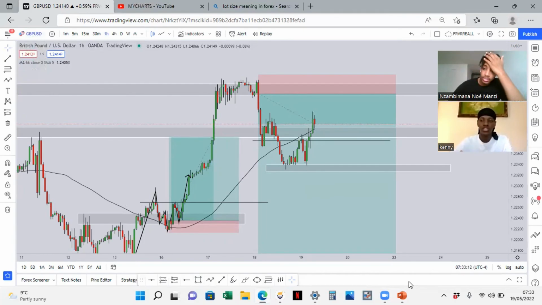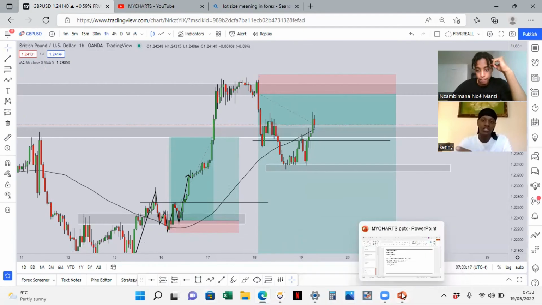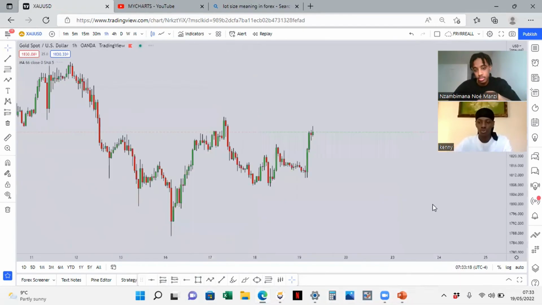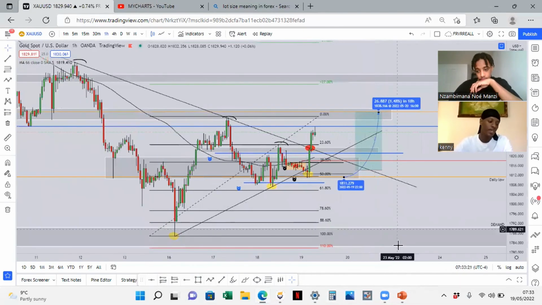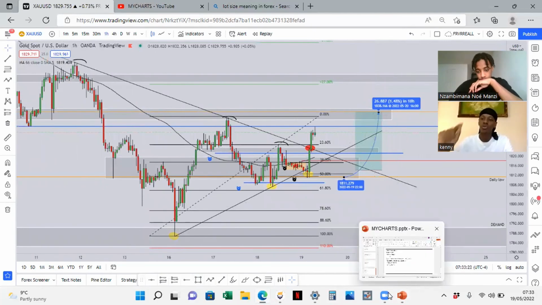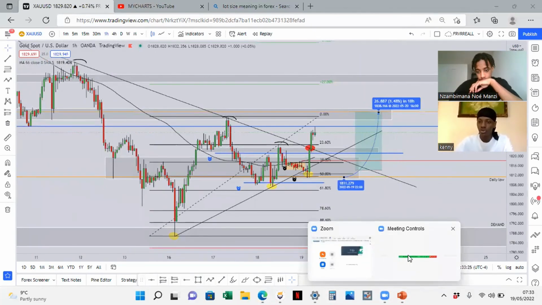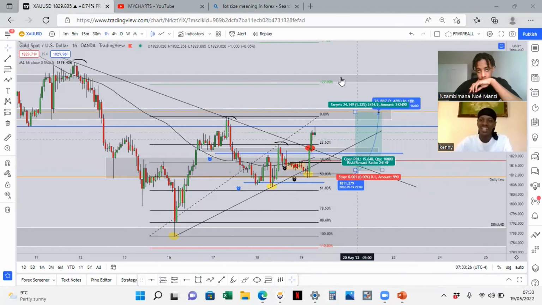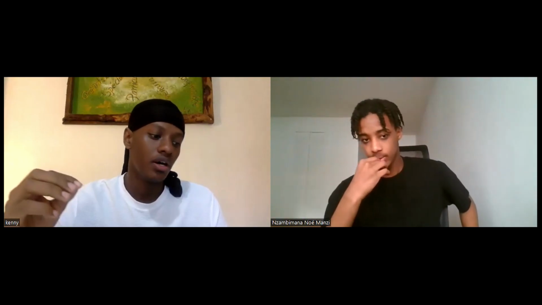Obviously the lot size and the stop loss are going to be correlating with each other, so that you know the percentage you're risking. Make sure you write that down, and also know the risk to reward you're going to be using. I advise you to at least be using 1 to 2. I personally don't use less than 1 to 3.